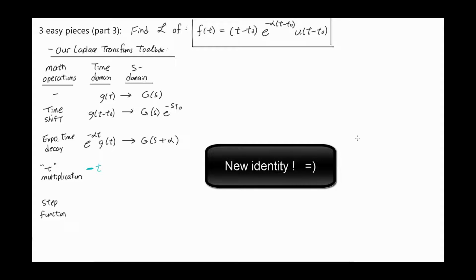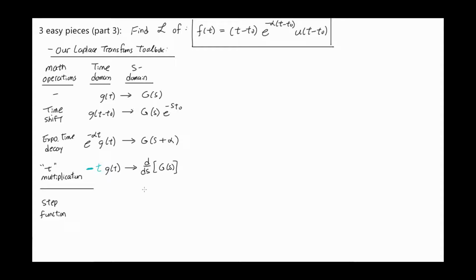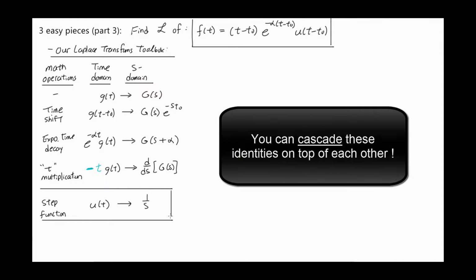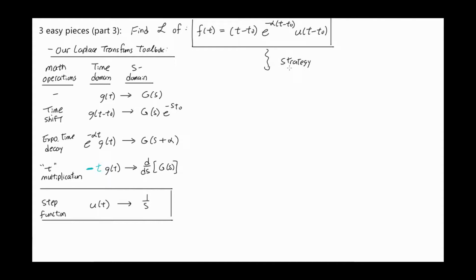Now here's something new. A negative t multiplication in the time domain actually corresponds to a differentiation in the s domain. That's kind of cool. Last but not least, we have the step function, u of t, transformed to 1 over s.